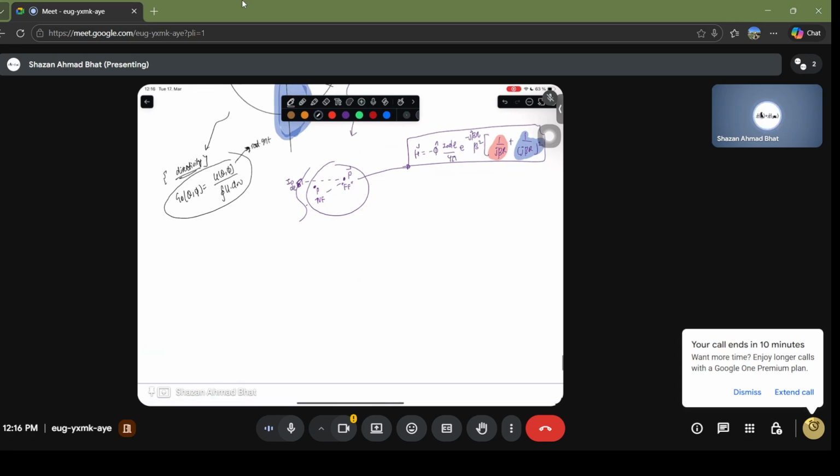U is basically the distance square into average power, and average power you can write in terms of the Poynting vector, which is half of the real part of E cross H conjugate. Or you can also write it in terms of E theta and H phi, as simple as that.